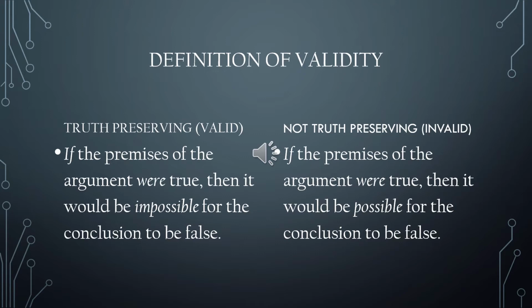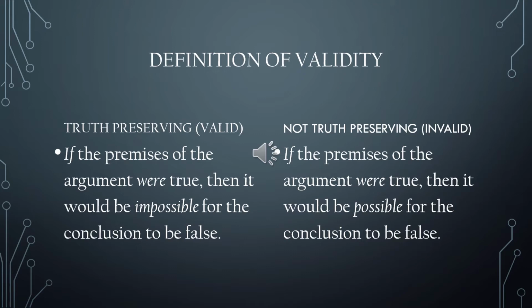There is one case where you can have an argument with actually true premises, but the conclusion is false. And in that case, the truth of the statements would matter because by definition, that would be an example of an invalid argument. And we'll go into more detail about this as we cover the various ways of testing validity in a little bit.